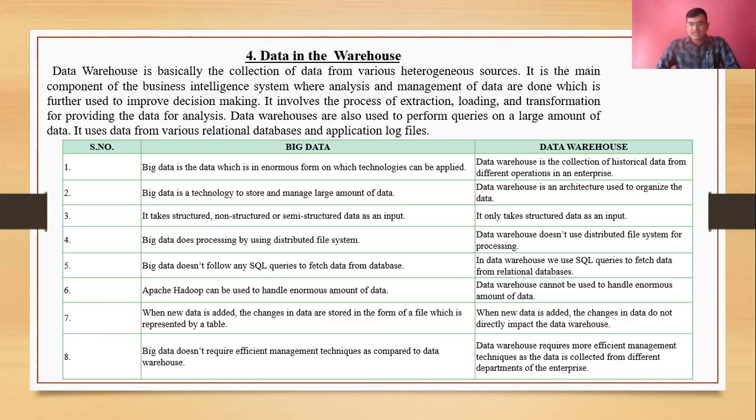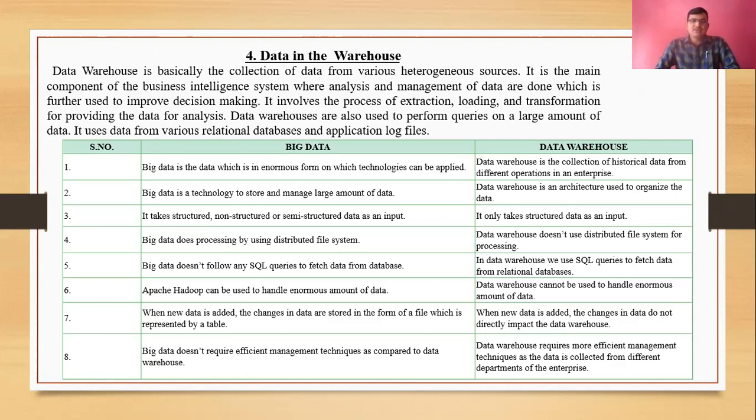Data warehouse means a collection of data from multiple sources stored in a single repository. Data warehouse is a collection from different sources of information in a specific manner, in a specific pattern.